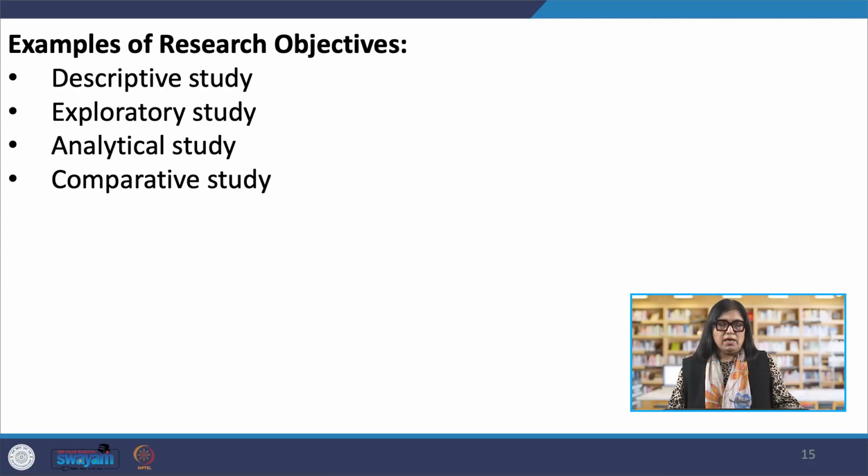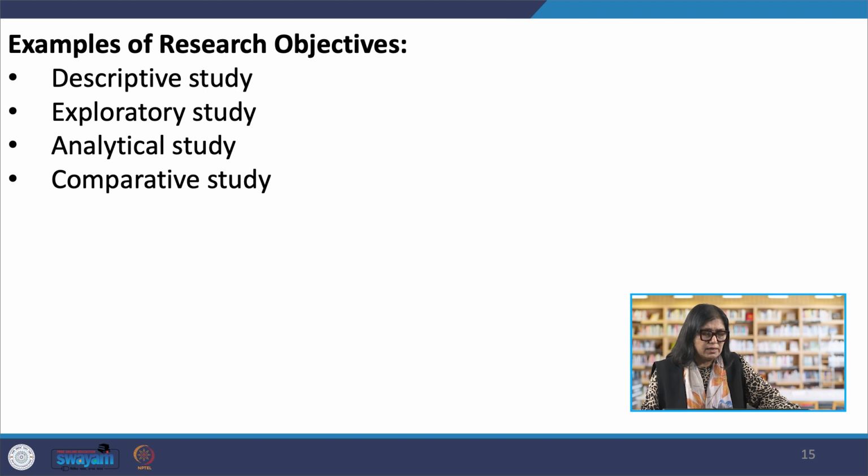Now, some examples of research objectives. The way you write your research objective may change slightly depending on the type of study you are conducting, like a descriptive study: describe existing measures to prevent parent to child transmission of an infection in rural areas. Now, an exploratory study: to explore the disease burden faced and coping strategies used by community dwelling patients with mild to moderate disorder.